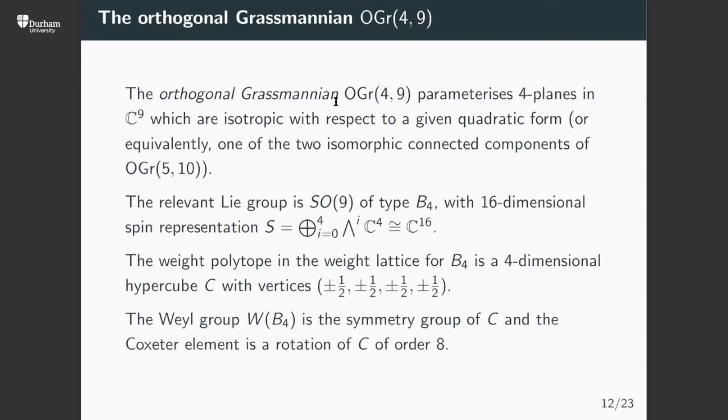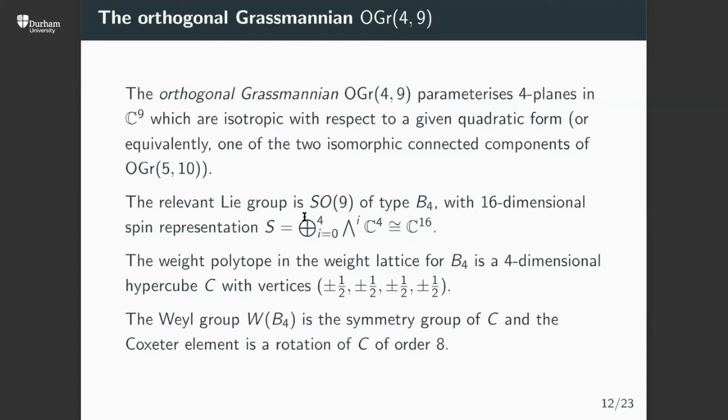It's a homogeneous space, as I said, and for OGr 49, the relevant Lie group here is the Lie group SO9, which is of Lie type B4. And this OGr 49 has a representation called the spin representation, which is the 16-dimensional representation given here.